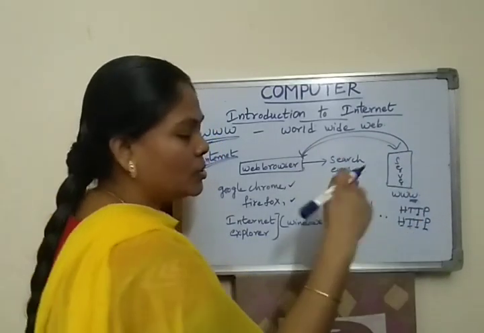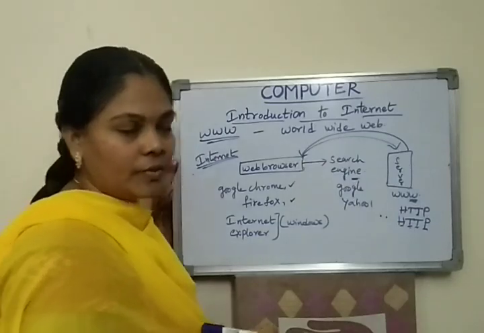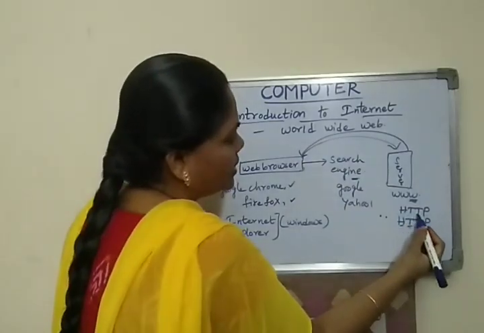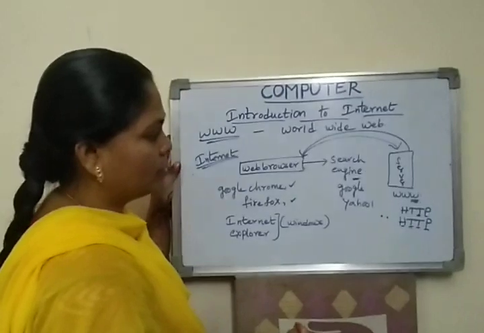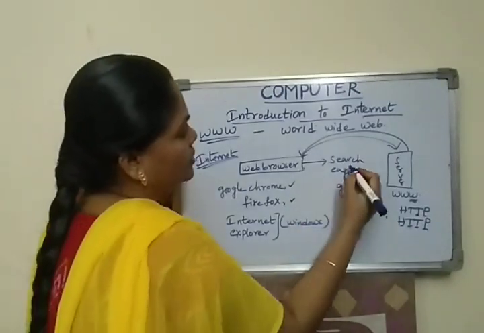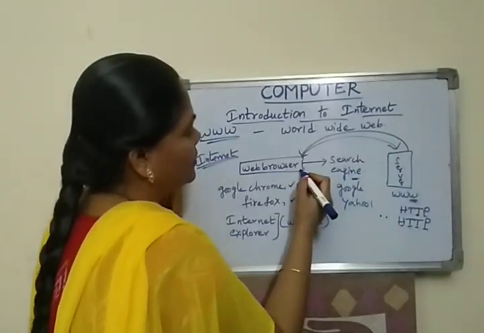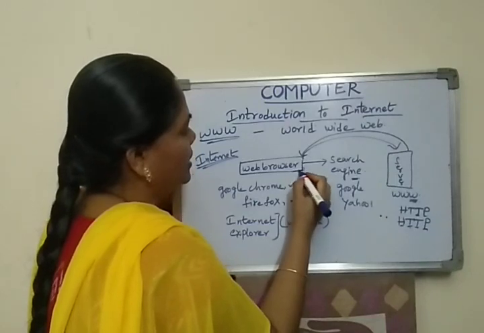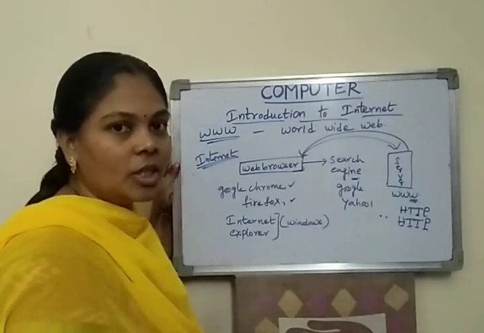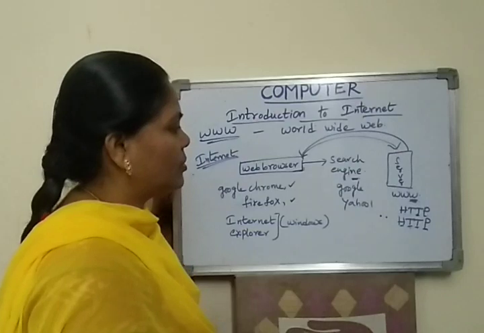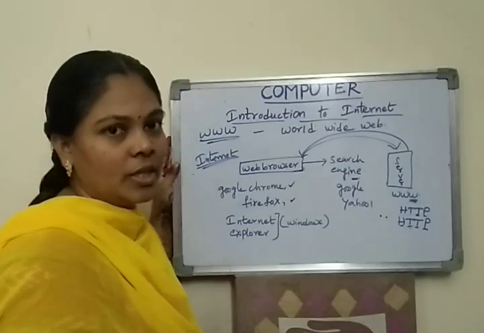To access those documents which are in the World Wide Web it uses Hypertext Transfer Protocol. Okay, so all those website links will be given, and in that you can select any link and see the information. You can read that information or you can download it, you can share it. Okay.